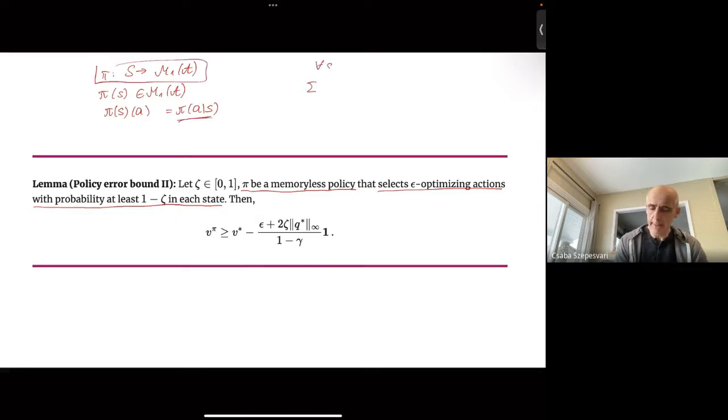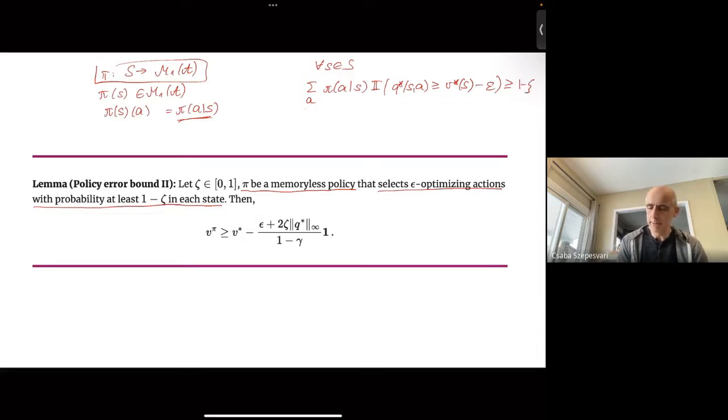And for every state, it holds that the probability that it selects an action whose action value is epsilon close to the optimal value of the state, so this is the sum over a, is at least 1 minus zeta, right?